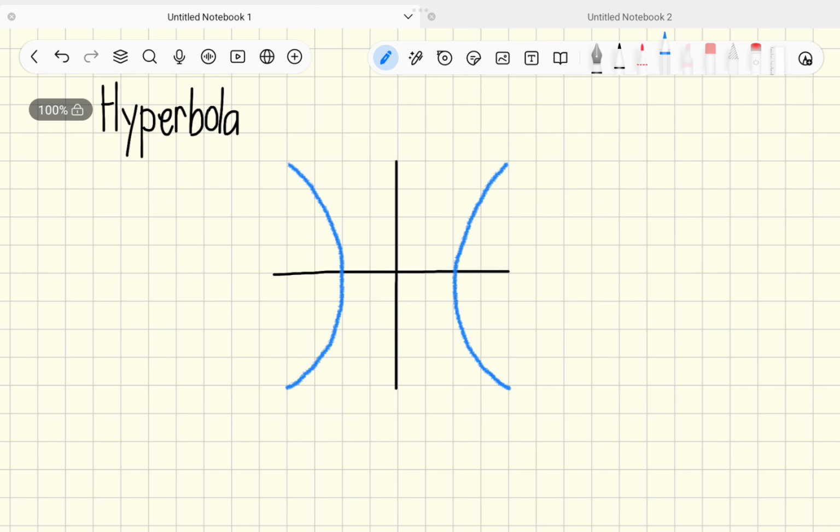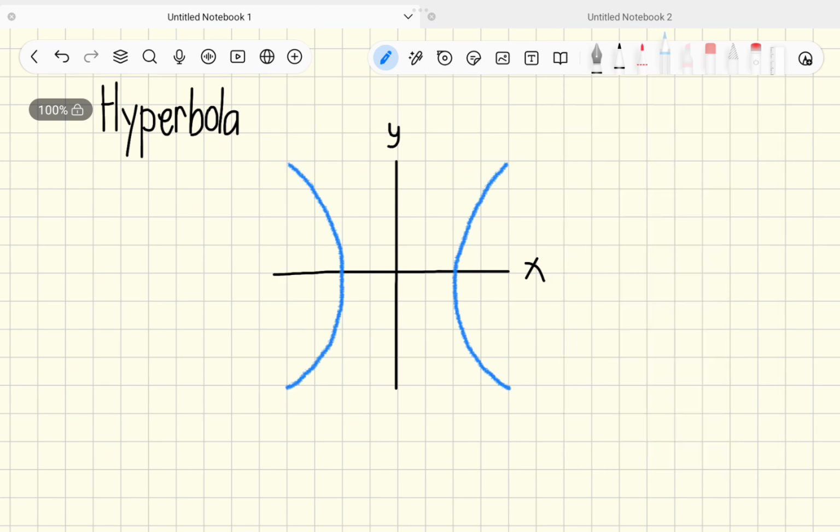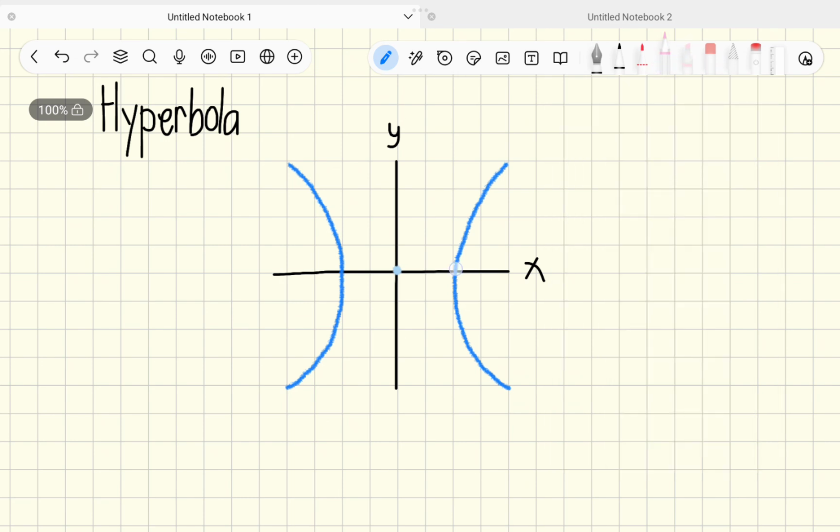So this is the y-axis, x-axis. Just like your ellipse and your circle, you have a center. For instance, your center here is at the origin. Your hyperbola has vertices here.